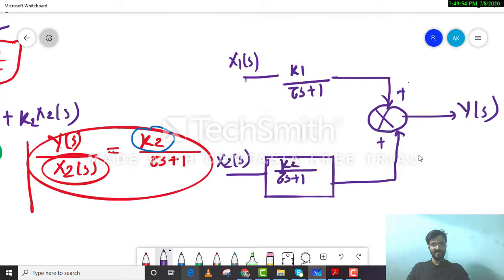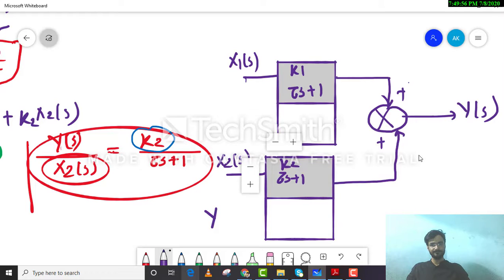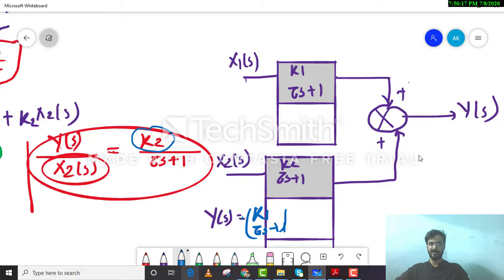So my dear students, from here you will be getting Y(s) is equal to K1 upon tau s plus 1. I am unable to write here, there is some technical problem.